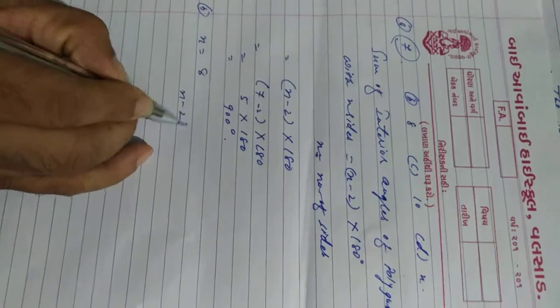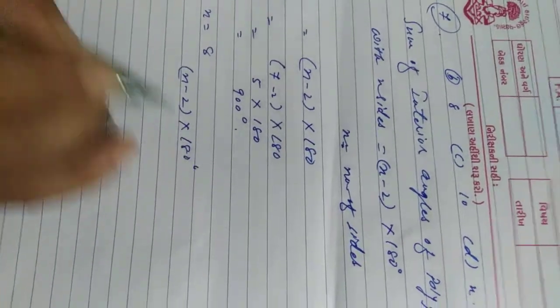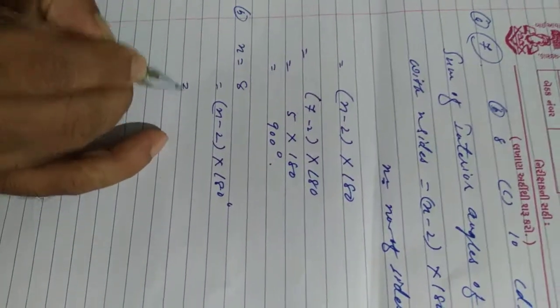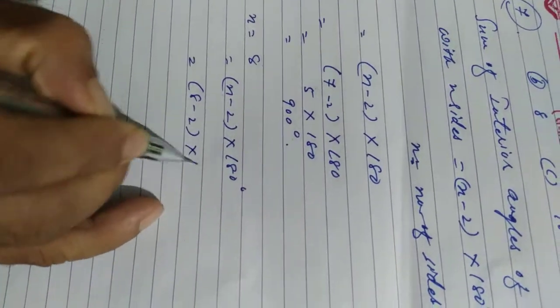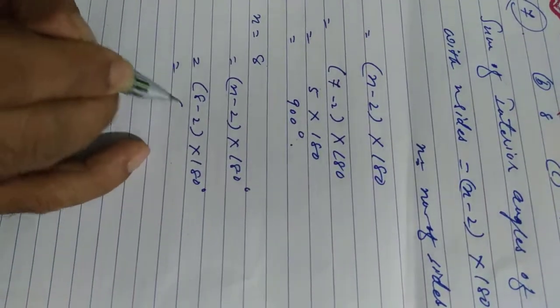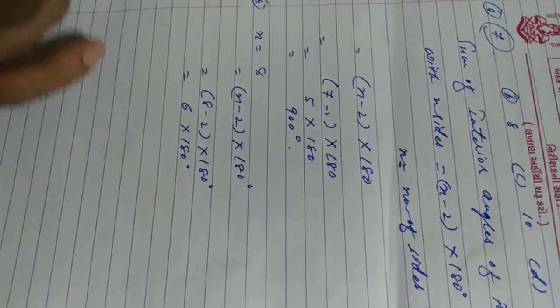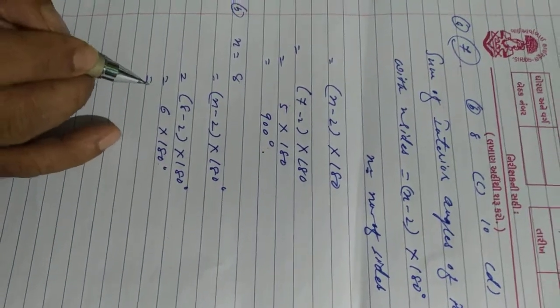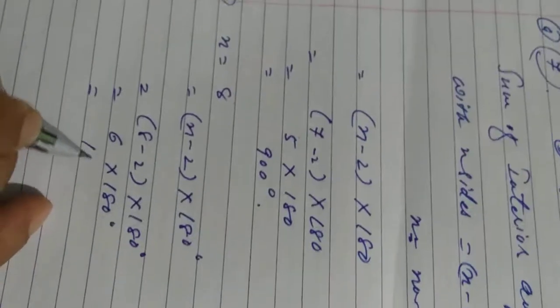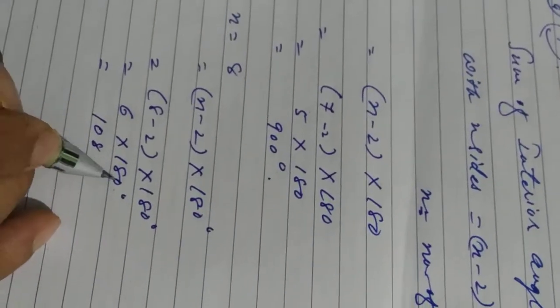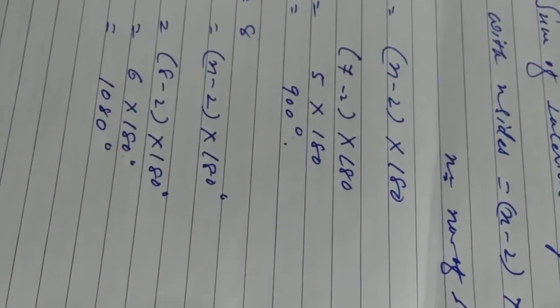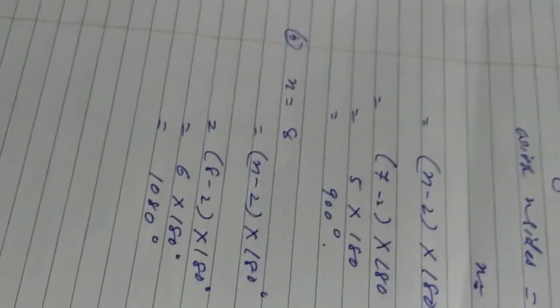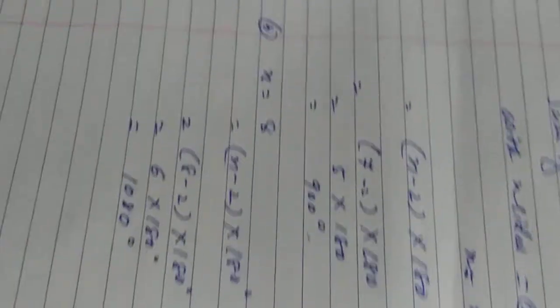Now B, n is equal to 8. So (n minus 2) multiply 180 degrees is equal to (8 minus 2) multiply 180. So 6 multiply 180. Now 18 6s are 108 and a 0, so 1080 degrees. So all of you understood how to find out?